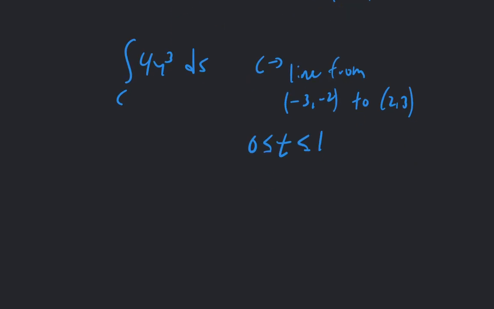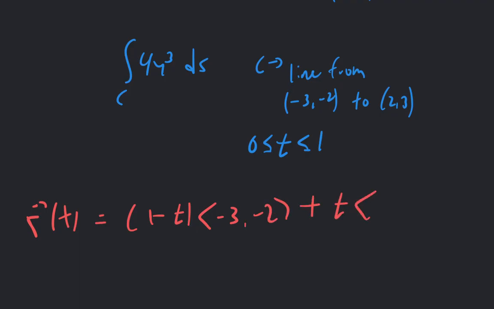So first we're going to do r of t, parameterize. So we're going to have 1 minus t times -3, -2 plus t times the end point, which was 2, 3. This gives us the vector equation for r of t.